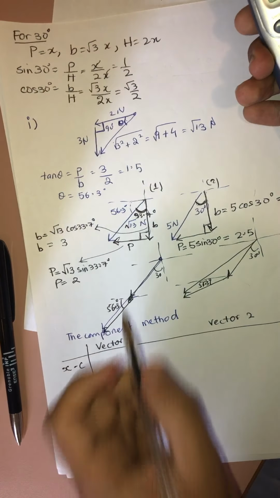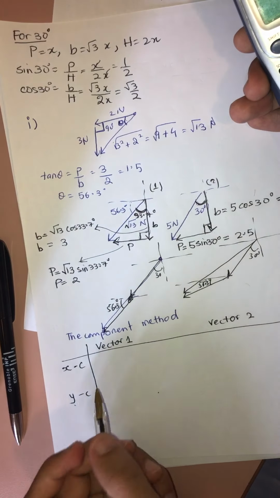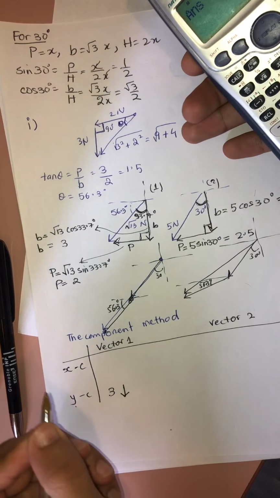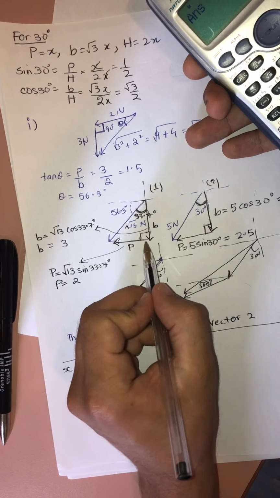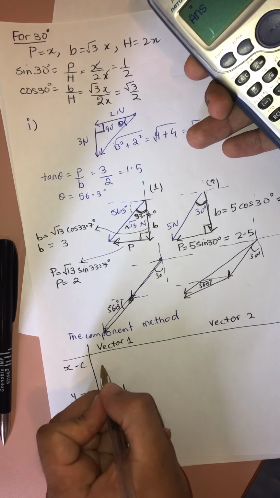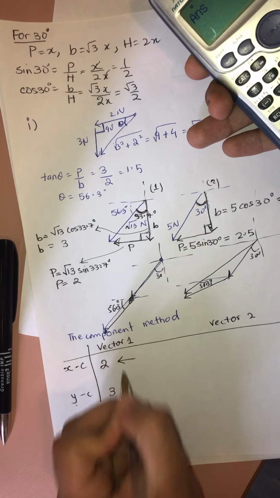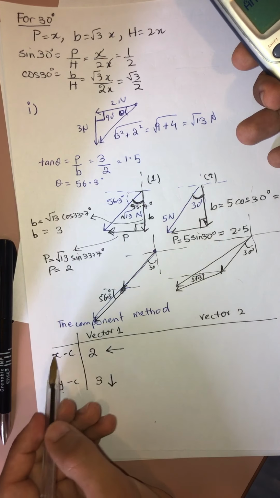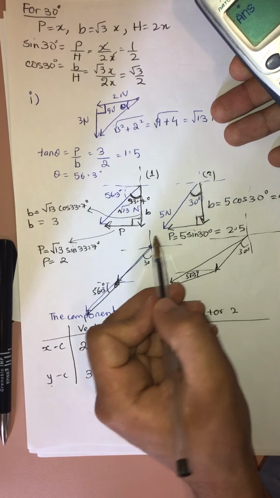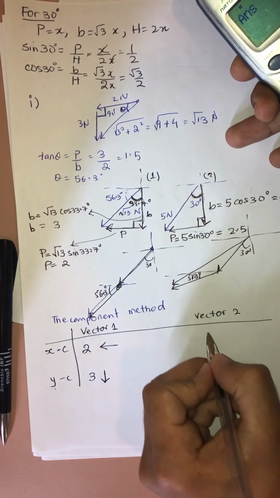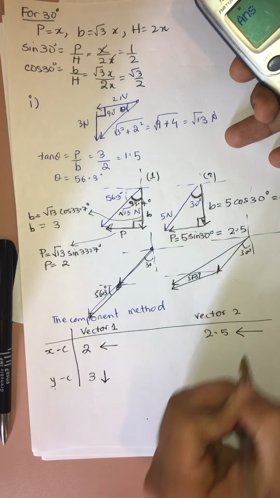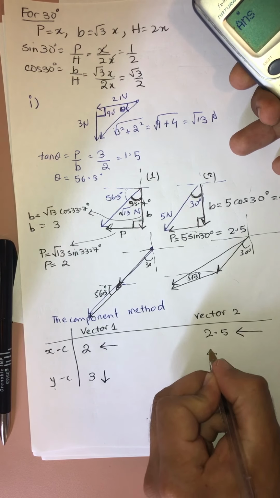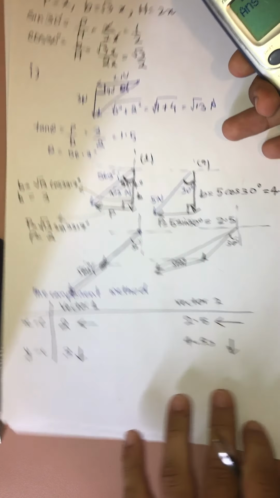So this is in the y-axis, for vector 1. The y component is in the downward direction, 3 downward. This is the x-axis, so it's 2 in this direction. For vector 2, the x-axis component is 2.5 in this direction, and here in the downward direction it is 4.33.